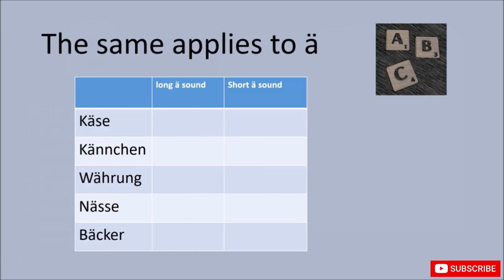Now the same rules apply to ä. So if the A has an umlaut, the rules are still the same. So what about these then? Are they long ä sounds or short ones?